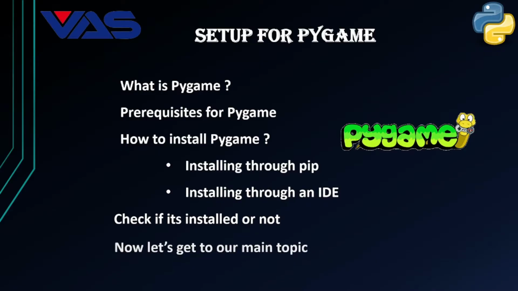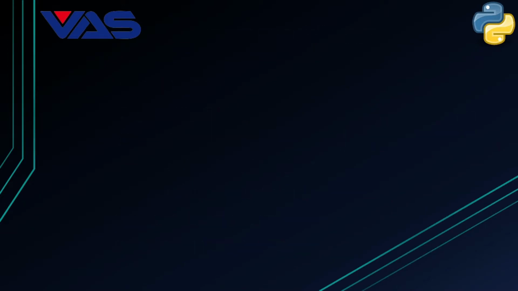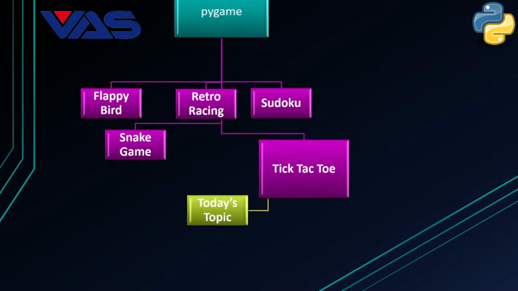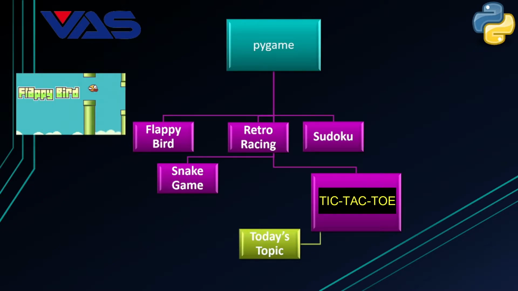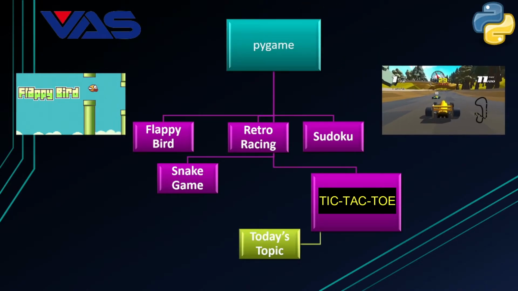Now let's get to our main topic, tic-tac-toe, and firstly we are going to look at the different games in which Pygame is used. First we have Flappy Bird, the most popular game of its era. Second is Retro Racing.